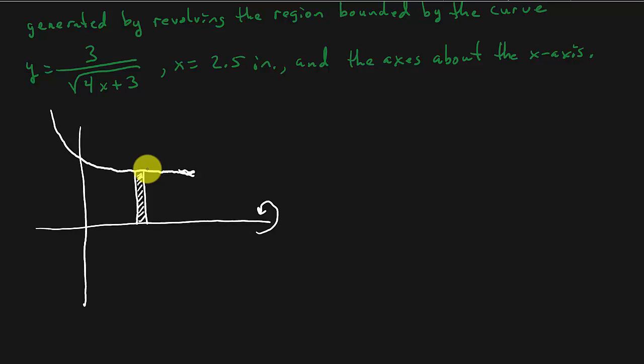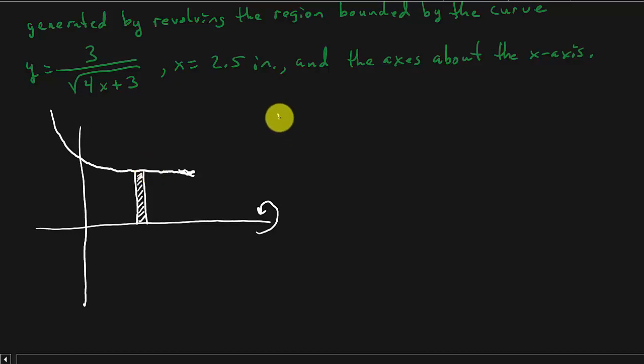So the volume is equal to, remember, pi times the radius squared. Remember, we've got our line here, x equals 2.5. This is 0, so we know we're going from 0 to 2.5, and it's pi times the radius squared. Well, what's the radius? That's the distance from here to here.